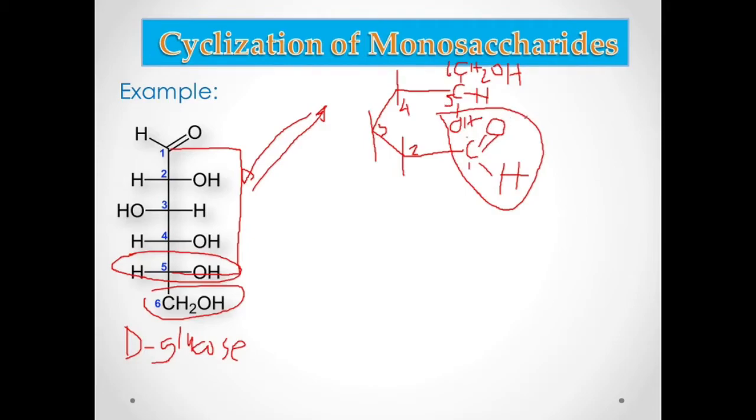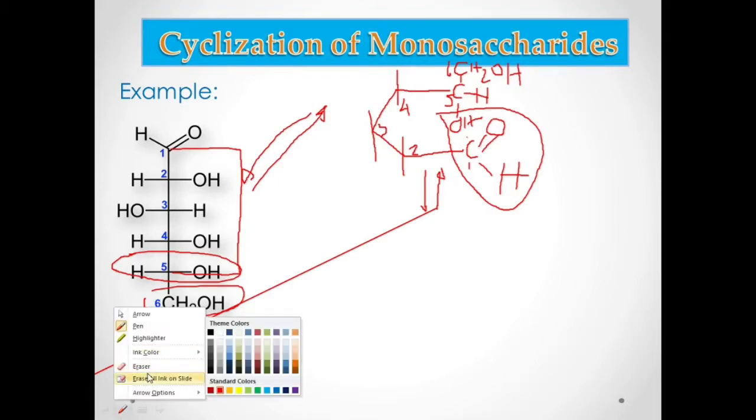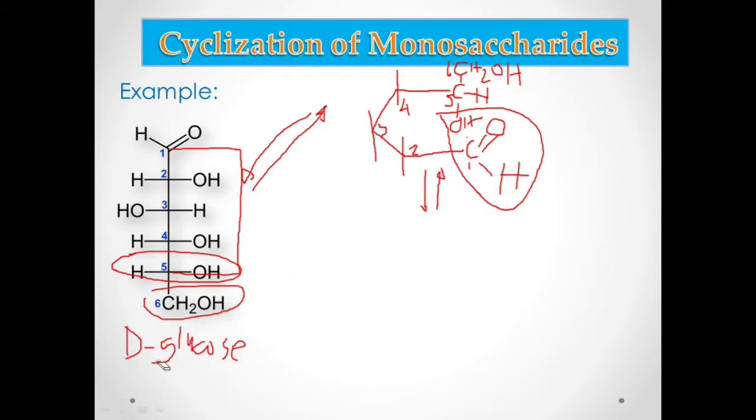After that, there is the aldol condensation, so we can now form a 6-membered ring. I will erase this first. On the 6-membered ring, there is an oxygen attached because of the reaction between the carbonyl and the alcohol.